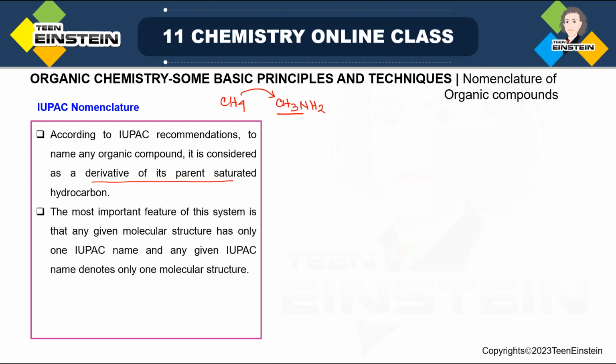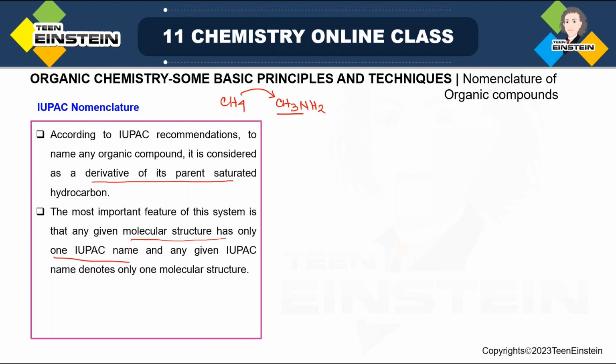The most important feature of this system is that any given molecular structure has only one IUPAC name. One particular molecule cannot have more than one name, otherwise it will create confusion. Likewise, in reverse order, if I tell you one name for a particular organic compound, you can draw only one structure.